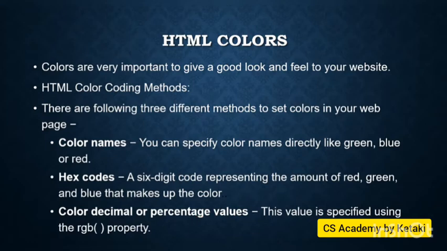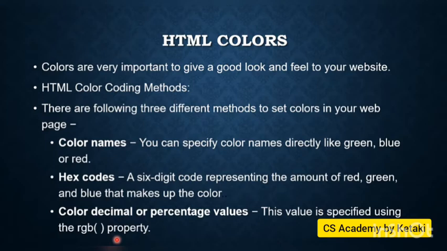This value is specified by using the RGB property. RGB is a very important property to set colors for your web pages. And what is the meaning of RGB? R represents red, G represents green, and B represents blue color. RGB is red, green and blue.